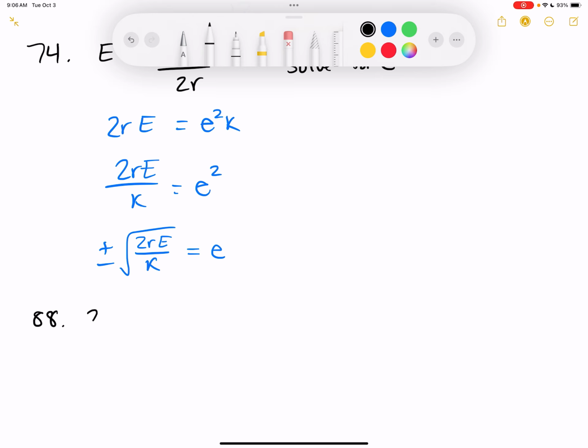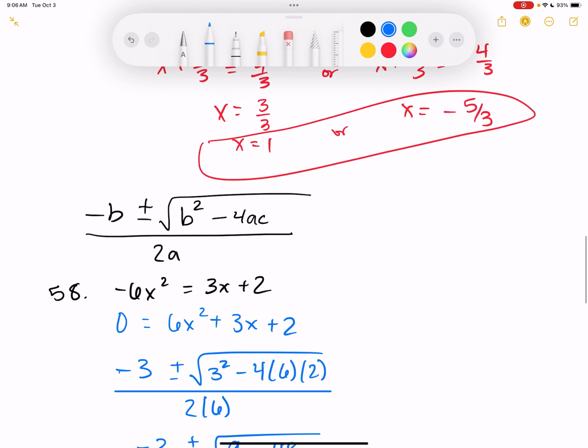Number 88, 2x squared plus 4x plus 1 equals 0. When it says to find the discriminant, that is this part of the quadratic formula, the b squared minus 4ac.